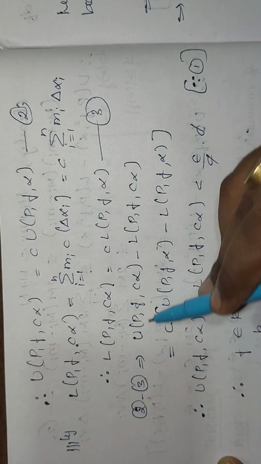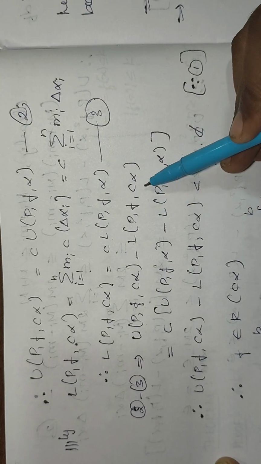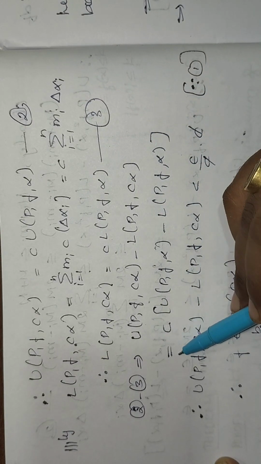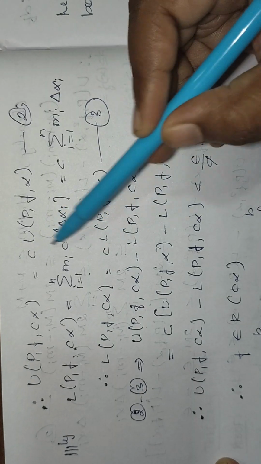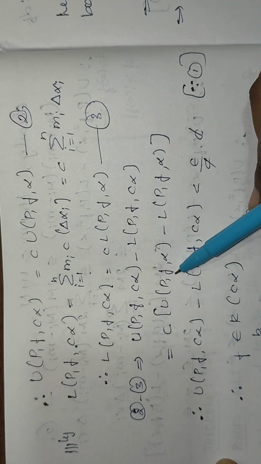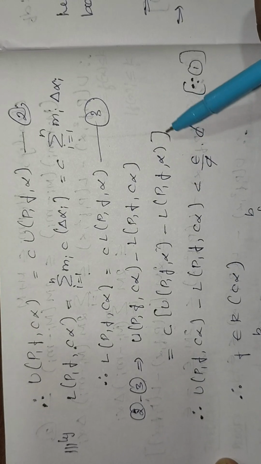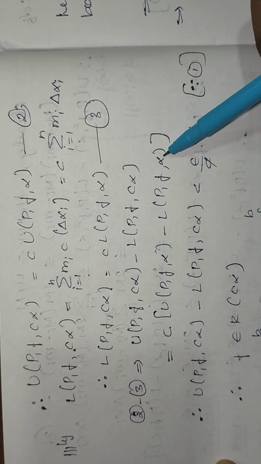Now 2 minus 3 implies U(P, f, c alpha) minus L(P, f, c alpha) is equal to c into, see here, c is common in both the terms, so I can take the c outside and write U(P, f, alpha) minus L(P, f, alpha). And we know that this term is less than epsilon by c.